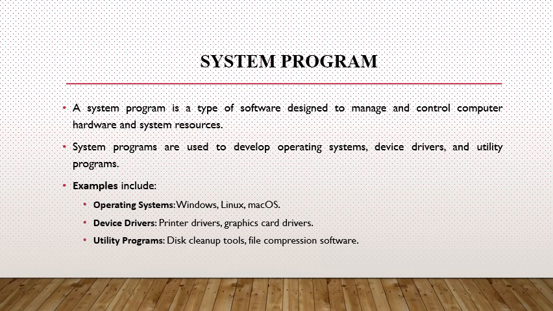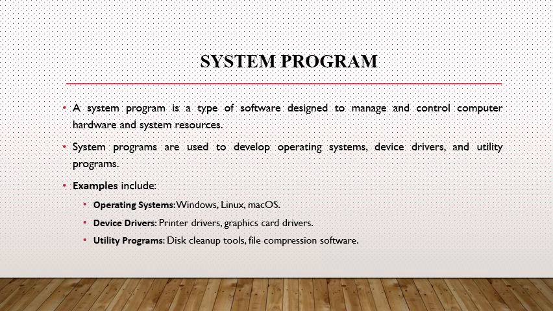So let's look at the individual examples of these utilities that we talked about. For operating systems, we have Windows, Linux, Mac OS, and so on. Device drivers include printer drivers, graphics drivers, and drivers for devices such as flash drives. Examples of utility programs include disk cleanup tools and file compression software such as WinRAR, and so on.